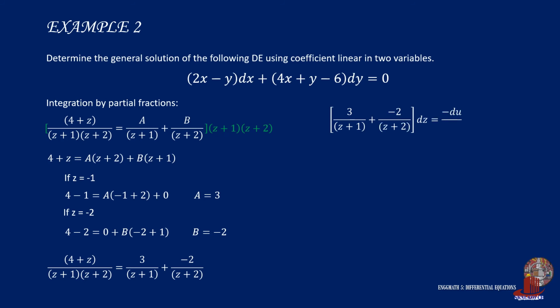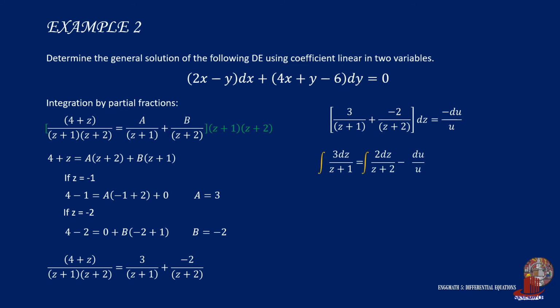Use this equivalent as replacement of the first term of the equation to have 3 all over z plus 1 plus negative 2 all over z plus 2, all multiplied by dz is equal to negative du all over u. Distribute dz among the two terms and now we are ready to integrate.